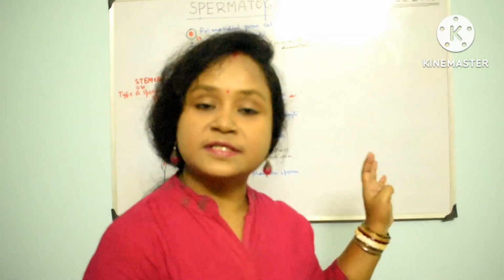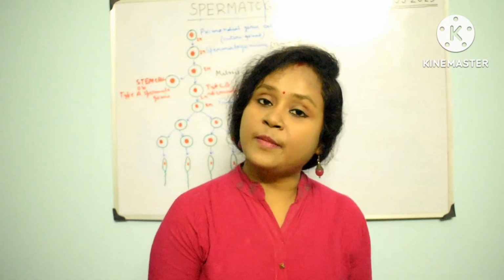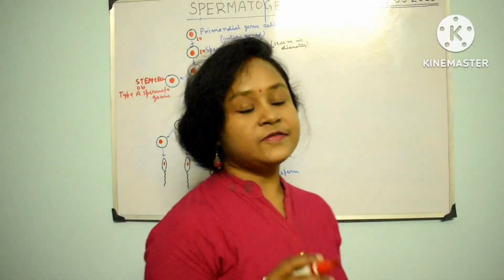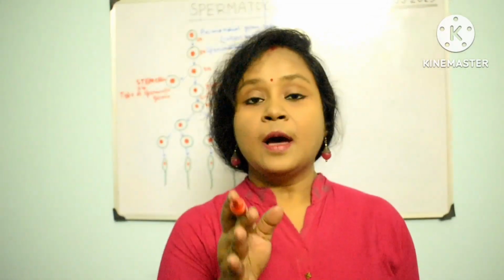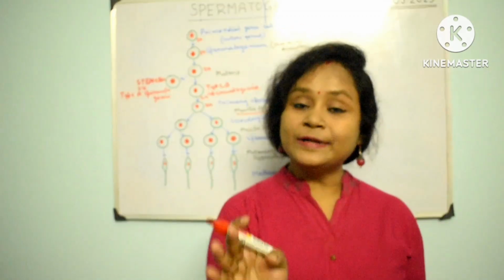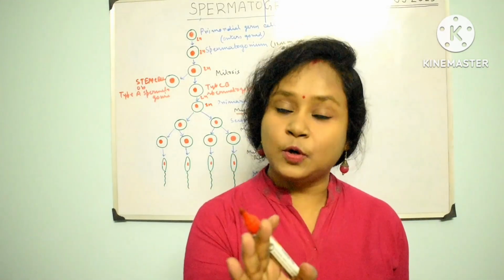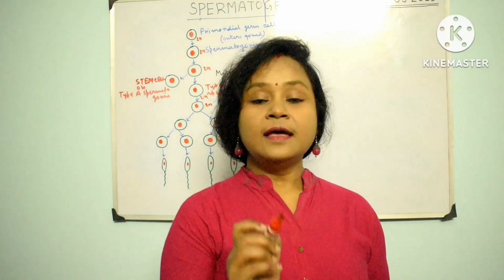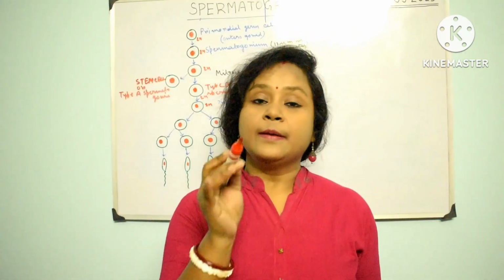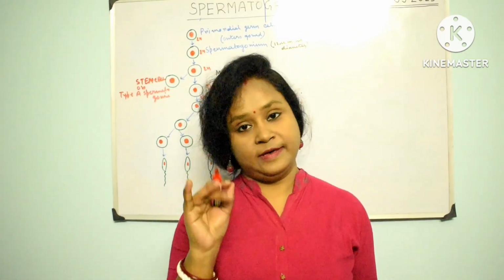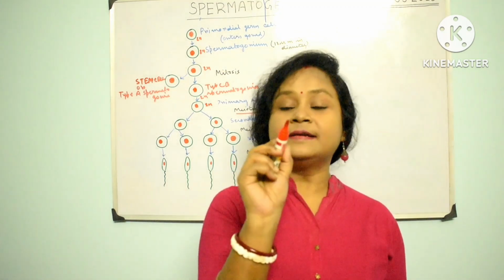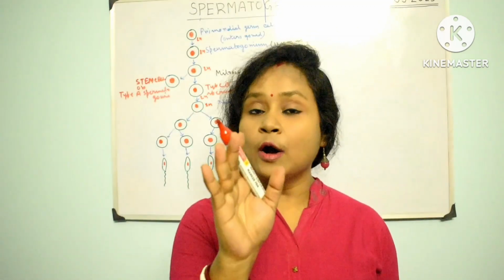We all know about meiotic division. The first stage is prophase, and prophase has leptotene, zygotene, pachytene, diplotene and diakinesis. Prophase is followed by metaphase, anaphase and telophase, to complete reductional division, meiosis 1.